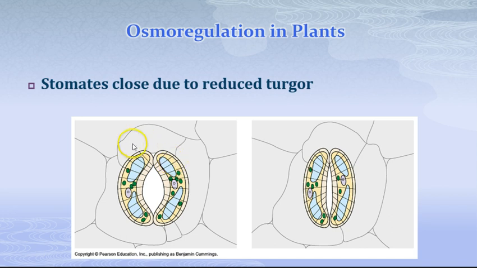Now, when you lose water in these cells because they're starting to dehydrate, people think, oh, well, if we lose water, they're going to swell and push closed, and I think lots of people learn that. But that's not really what happens. These cells are an interesting shape, and so when you lose water, they roll over to a different configuration, and when they roll, they have a bulge, and that bulge is actually what closes the stomate.